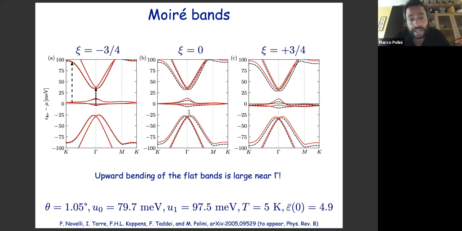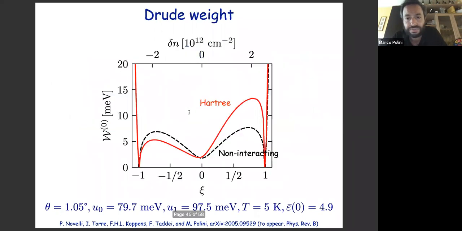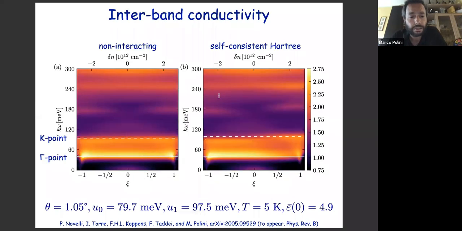And you can calculate these quantities for a variety of filling factors and different parameters. And we calculated the Drude weight, noting that there is an enlarged particle-hole asymmetry, which is included when you do self-consistent Hartree.